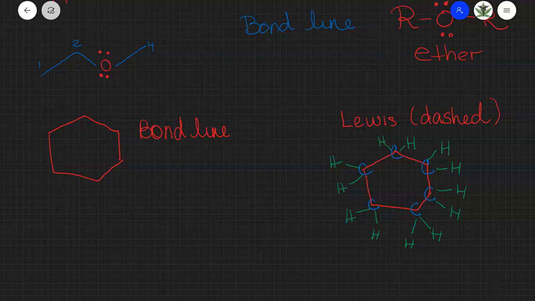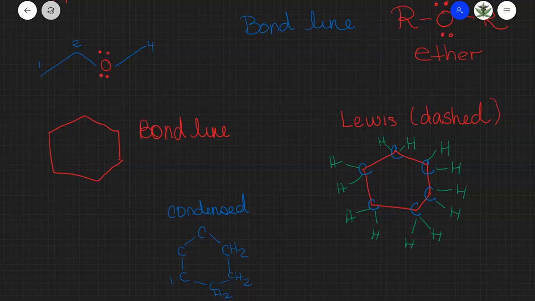So this would represent the Lewis structure, which is the same as the dashed formula. And then lastly, if we wanted to write the condensed formula, we would write in our carbons, and if you want to call it like a modified Lewis structure, that's essentially what it looks like.